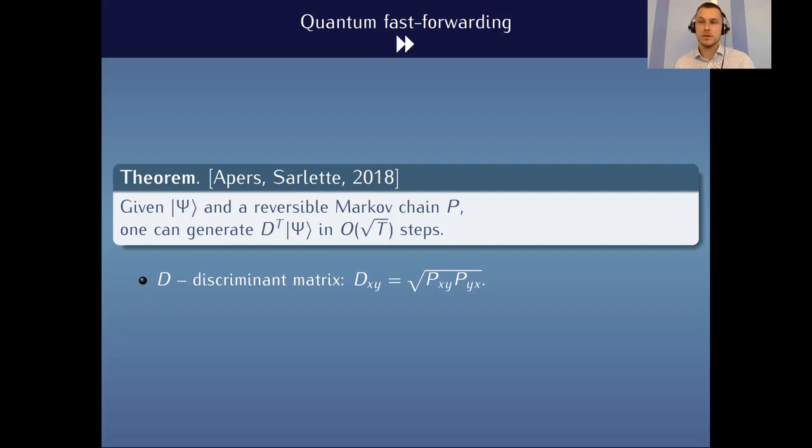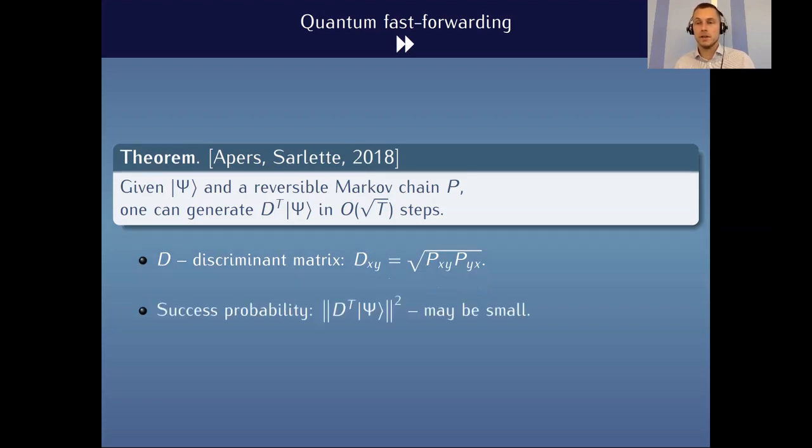Now the discriminant matrix is symmetric, similar to the transition matrix, and its elements are defined as the square root of the respective transition probabilities. And a further caveat is that this target state might be obtained only with a tiny probability.